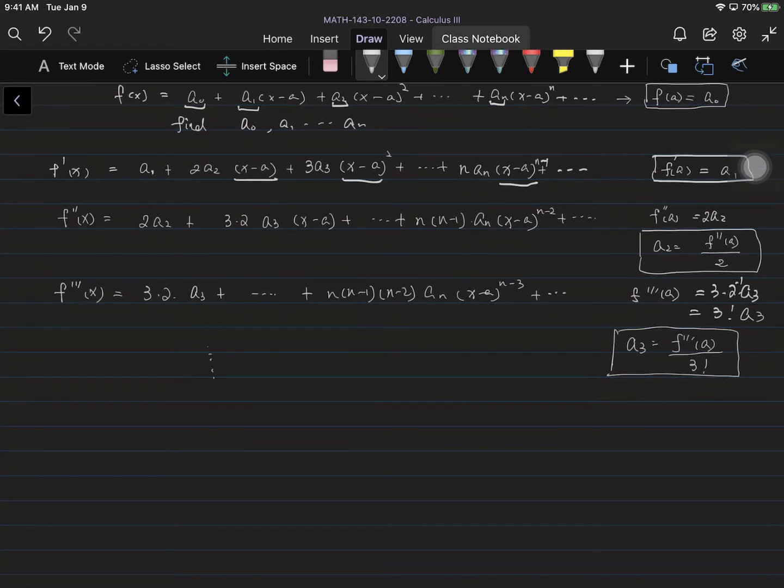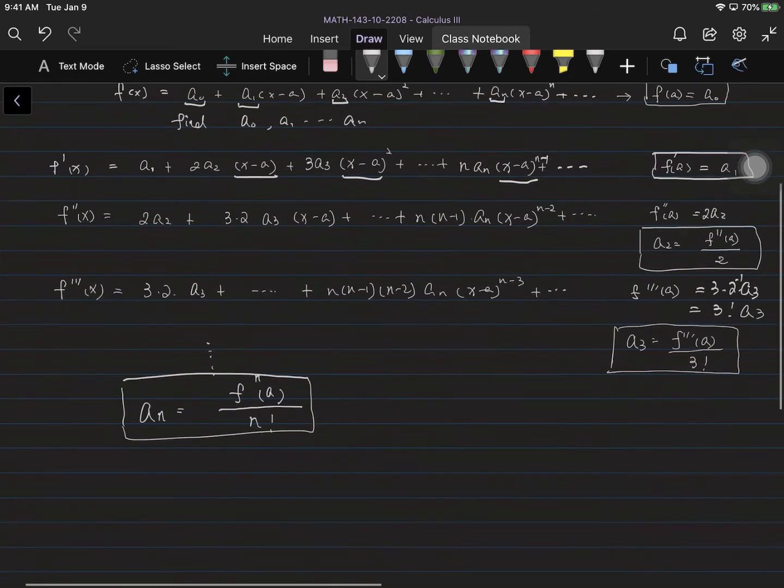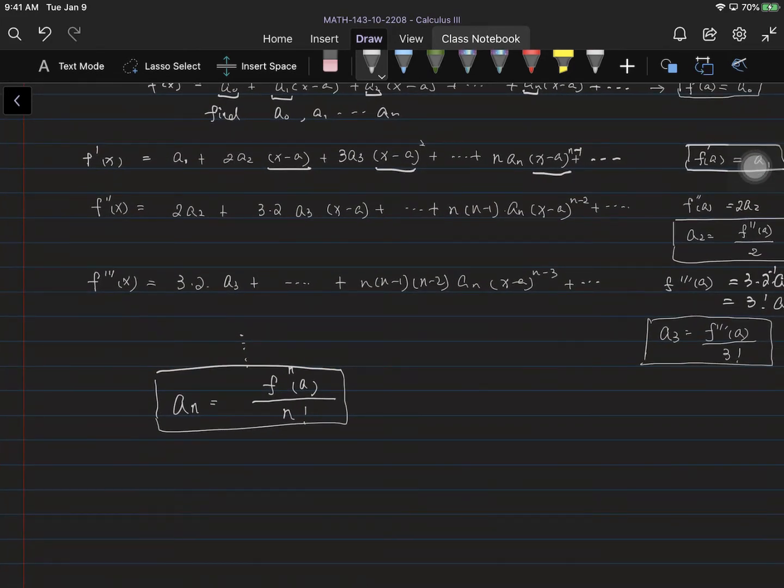If you look at a1, a2, a3, we can do the general formula. a_n equals what? The n-th derivative of f at a, divided by n factorial. So that's the formula for our coefficients a_n.